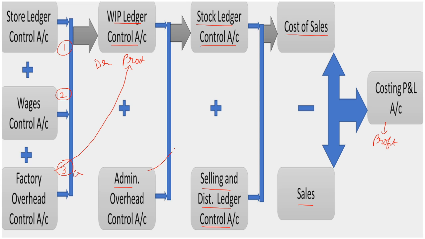Office and admin overhead is charged with finished stock ledger control account, so in this case we debit finished stock ledger control account and credit admin overhead control account. And our last overhead, which is selling and distribution overhead, is charged with cost of sales. So we debit cost of sales and credit selling overhead control account. So these are the entries related with charging or recovering of overheads.